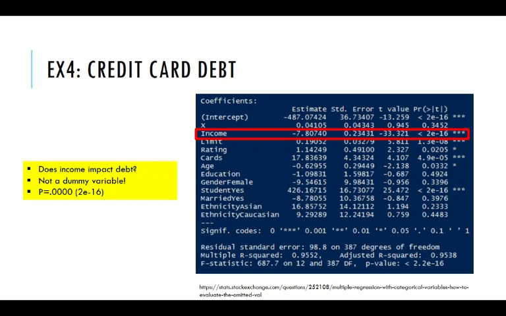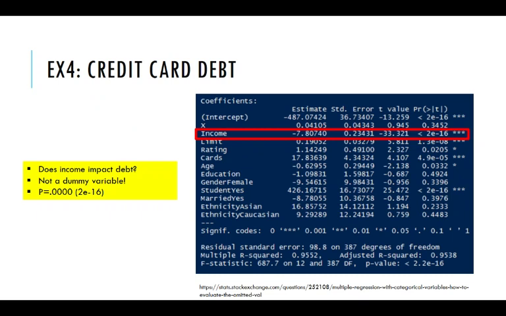So what we're saying is that for every, I don't know if it's a $1 or $100 increase in income, because the study has to tell us how they are measuring it, we see that debt goes down by $7.80.